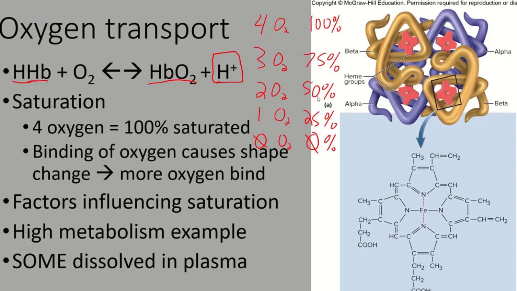What that tells us is most of the hemoglobin has 4 oxygens attached to it, but some of them have less. On average, the hemoglobin is 96% saturated, is what that means.